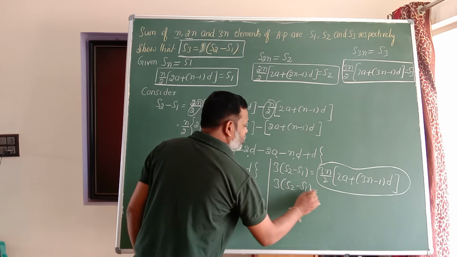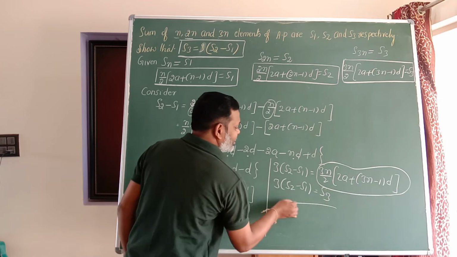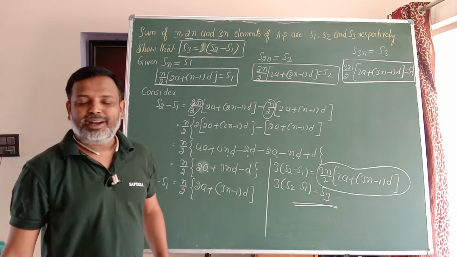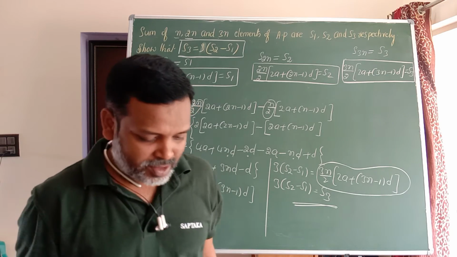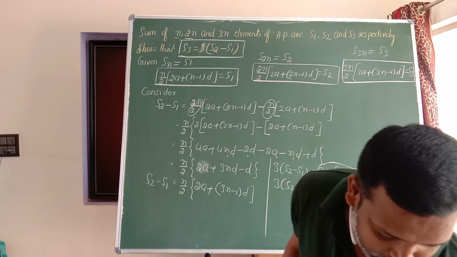Therefore, 3 times S2 minus S1 is equal to S3. Got my point? That's all. Okay, we'll look at another problem.